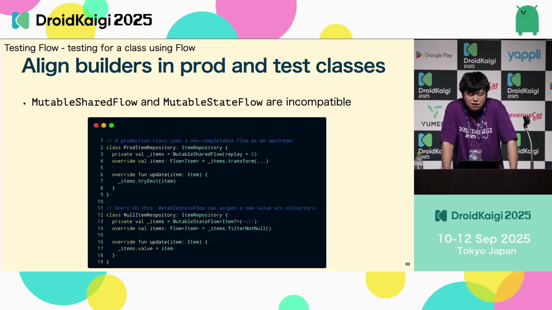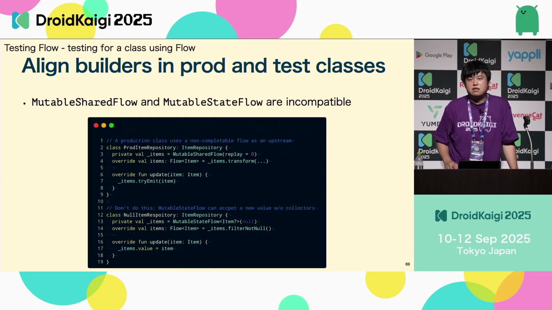Especially when a class has both read and write APIs through a flow instance, like this example code, the implementation difference would produce a long test. For example, mutable state flow accepts values even if it has no collector, but unlike that, mutable shared flow drops the values.